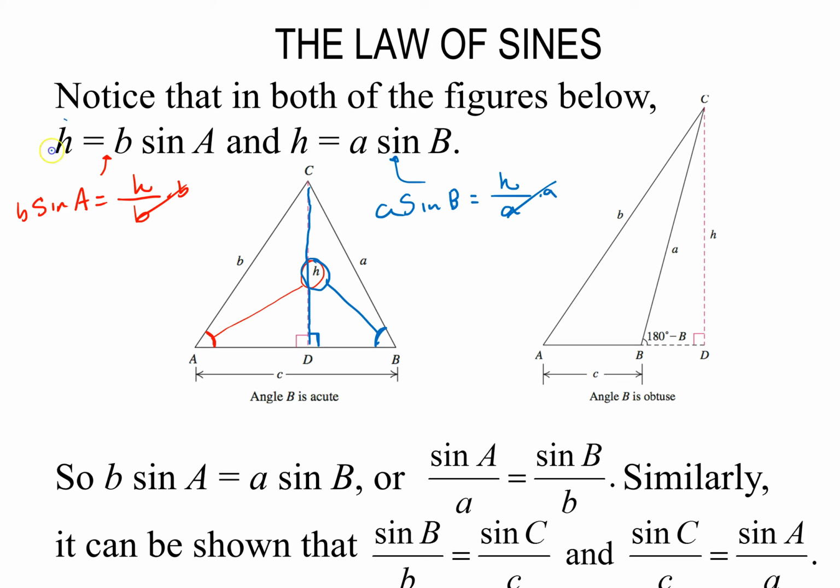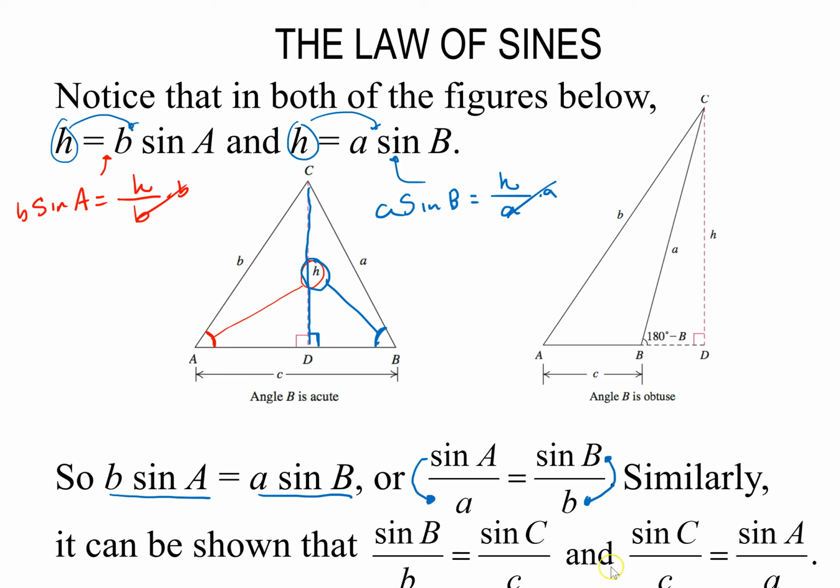So notice h is equal to this, h is also equal to this, and it's the same exact h. So we just set each of them equal to each other, and we have ourselves the law of sines. The law of sines has a correspondence between an angle and its opposite side, and that ratio is the exact same ratio between another angle and its opposite side.